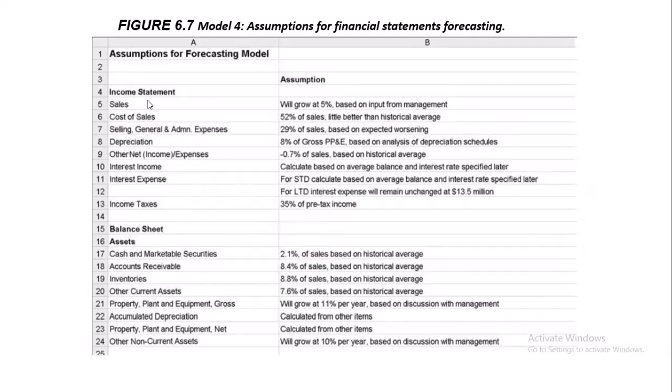Our forecast: we're going to forecast that sales will grow at 5%. We're going to forecast that cost of sales will continue to be 52% of sales, a little better than the historical average. We're going to forecast that selling, general and administrative expenses will be 29% of sales based on expected worsening.